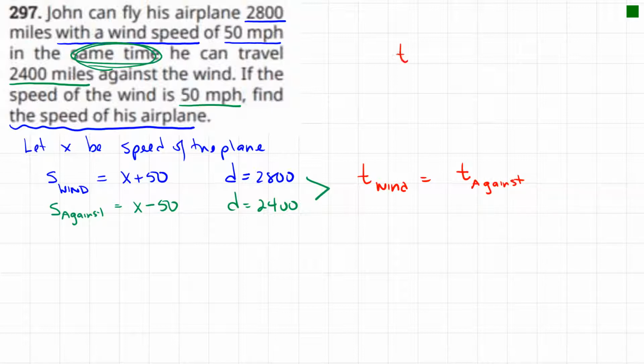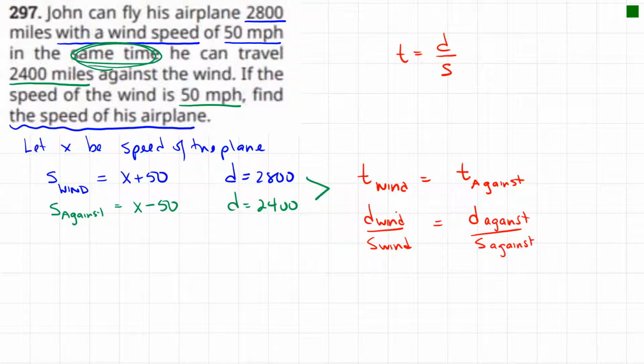And we know the formula for time is distance over speed. So the distance with the wind over the speed with the wind has to equal the distance against the wind divided by the speed against the wind.